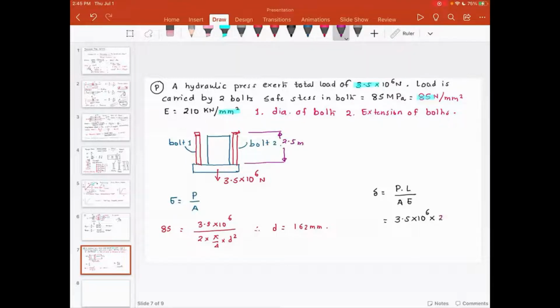So I'm gonna write the length in millimeter. The area I will write in millimeters square. And Young's modulus, this is very important, I'm gonna write this down as Newton per millimeter square.